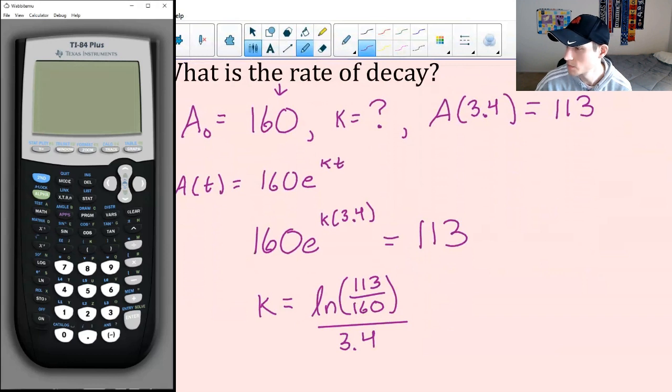So k equals the natural log of 113 over 160, and in the denominator 3.4.